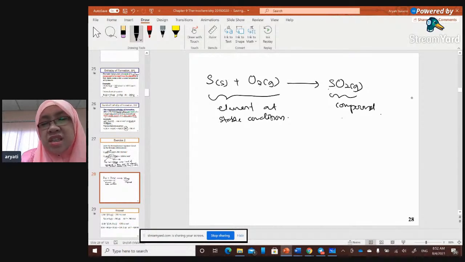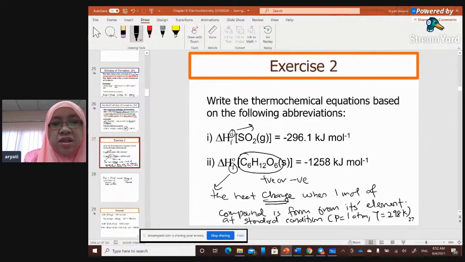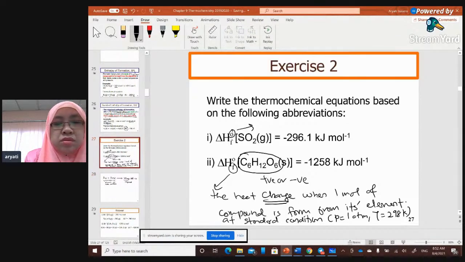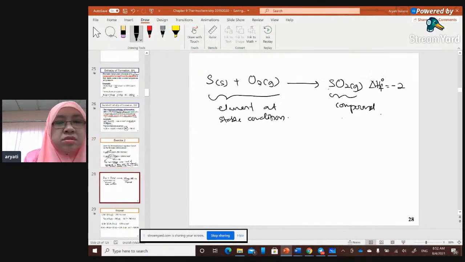So delta HF naught is given in the question at 298, so write delta H naught F is negative 296.1 kilojoule.